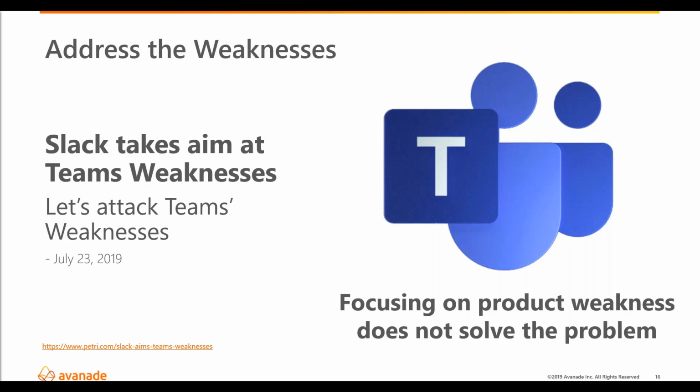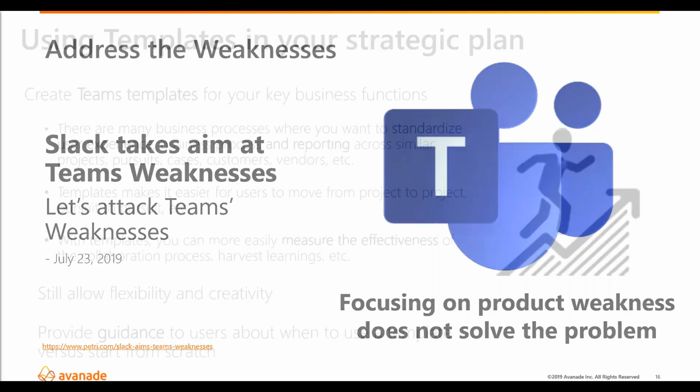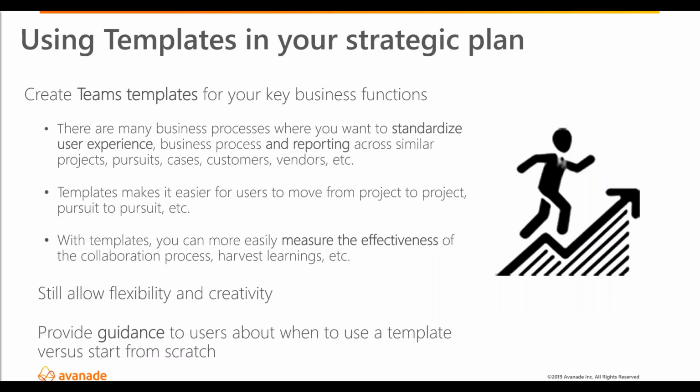There are definitely different ways that you can try to overcome those and curb your users around some of those weaknesses. But another way is to also focus on a strategic plan. Come up with your strategic plan on how your groups will use Teams.